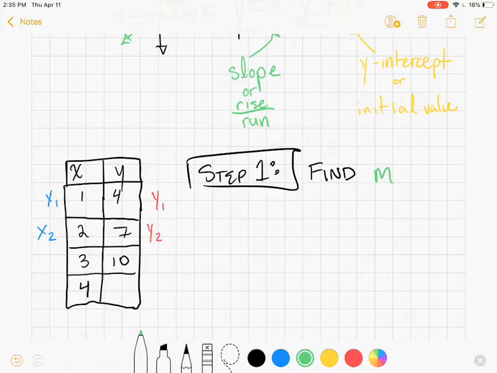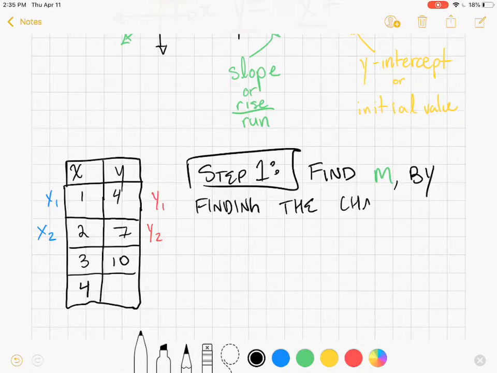And we're going to do that, let me erase that green text here, by finding the change between variables. And so what does that mean?